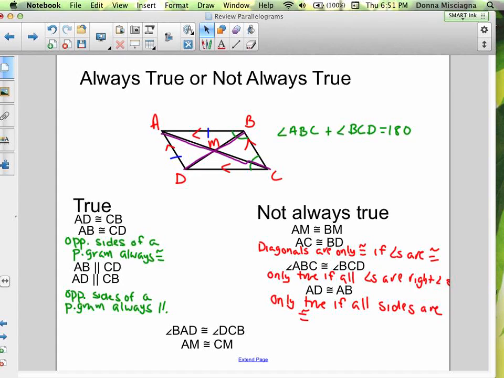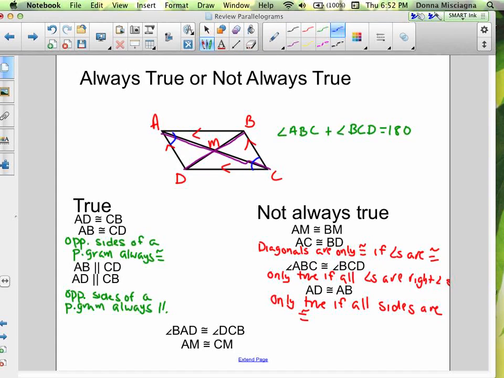Angle BAD. Oh, let's get rid of this because they're not congruent. At least the other marks, sides were congruent. Angle BAD. So angle BAD is this angle here. Oh, let's get rid of this because these angles aren't congruent. Angle BAD congruent to angle DCB.